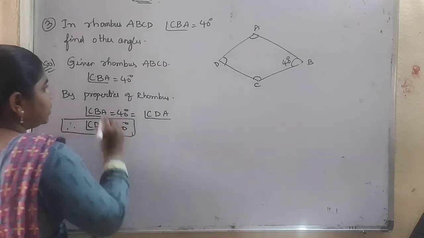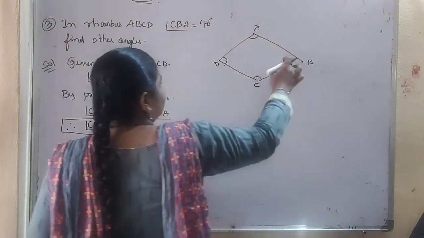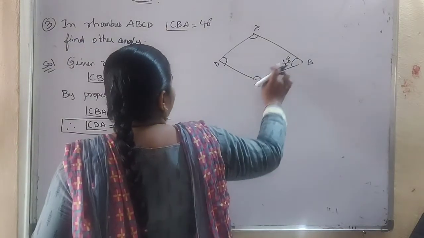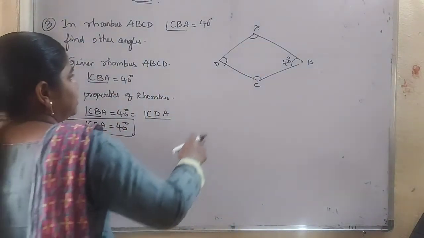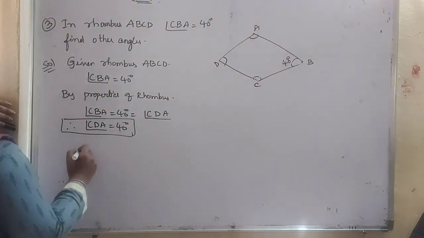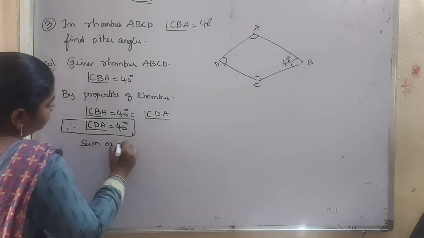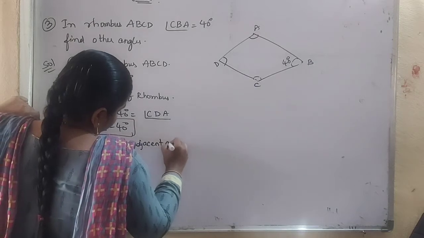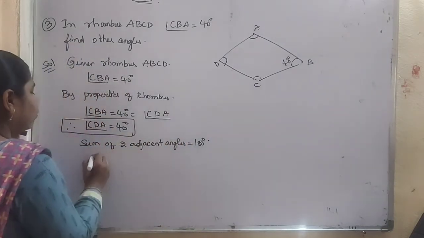Next, we know that the sum of two adjacent angles is equal to 180. So I am finding angle C now.